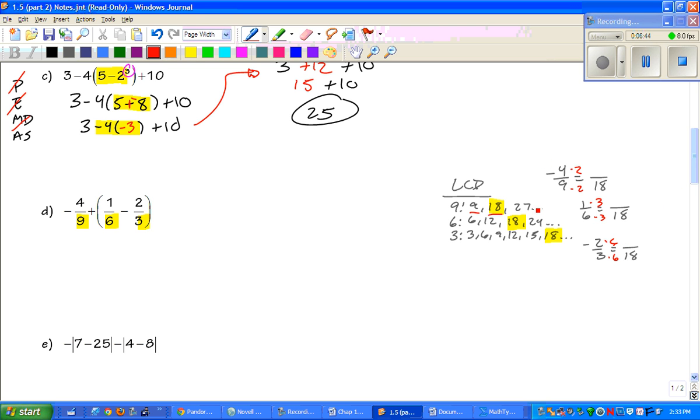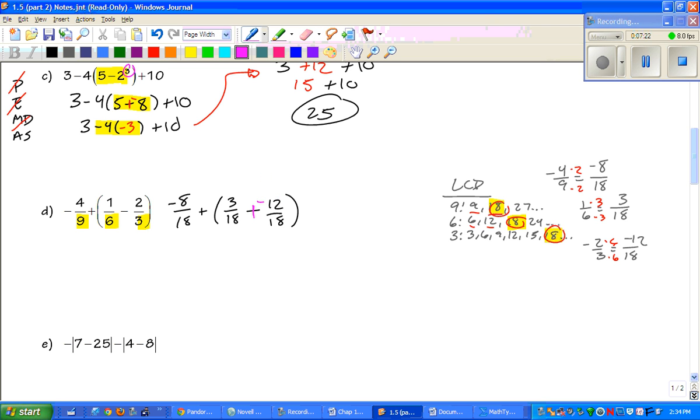And the reason why I'm getting those numbers is just by counting where the 18 is. That tells us what our number is going to be. So we get negative 8, we get 3, and then we get negative 12. So our new problem is negative 8 over 18 plus 3 over 18 minus 12 over 18.